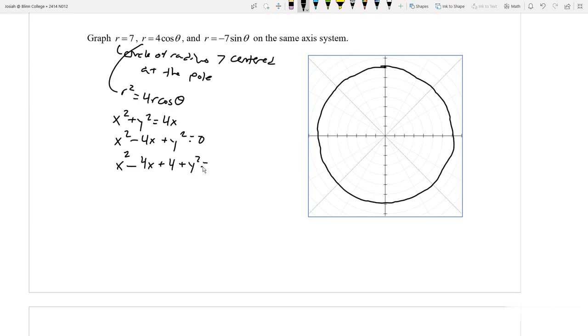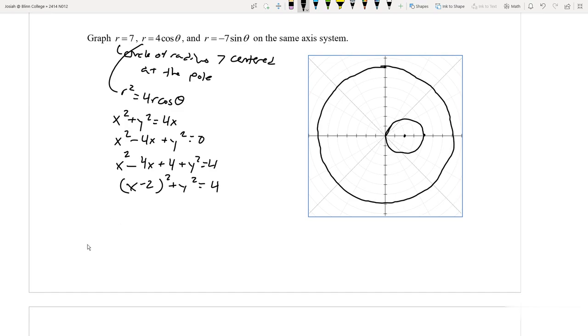So we'll go ahead and add 4 to both sides. So (x minus 2) squared plus y squared equals 4. So this is a circle of radius 2, sitting at (2, 0). There we go.